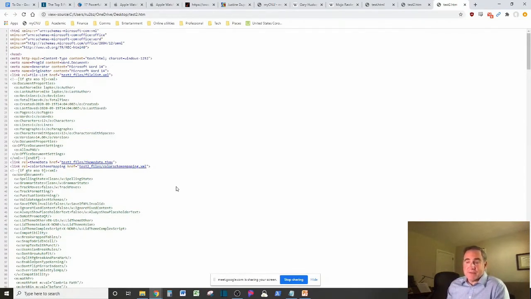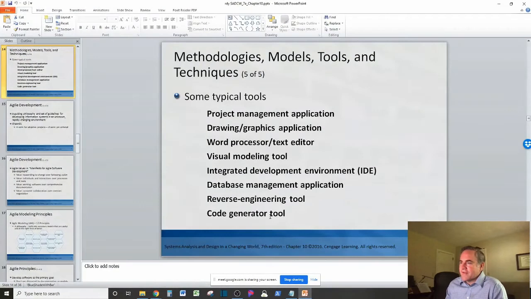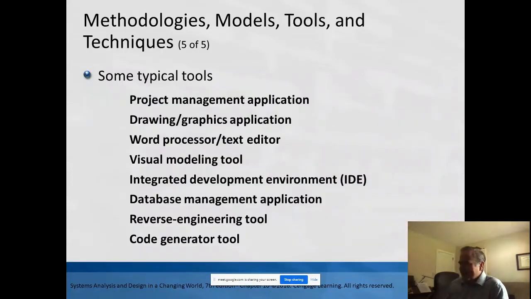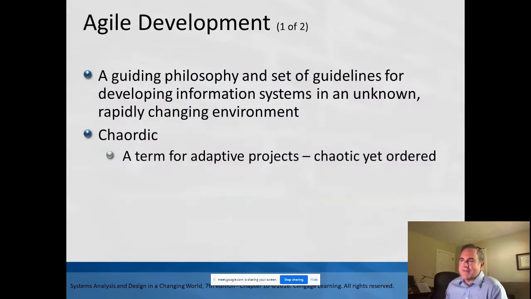So if you actually need to fix something, which code generators can't do, they can't fix anything, you have to hire a programmer that now has to go through 100 times the amount of code that they would otherwise. So, code generators, I would definitely consider them controversial, and to list them as a typical tool, I'm not so sure about that.